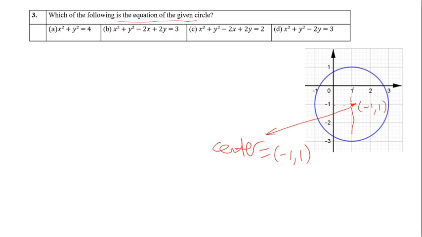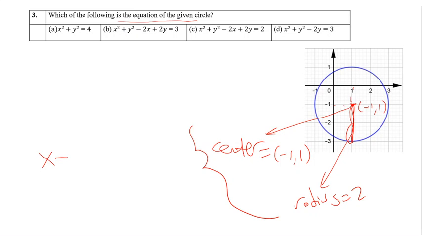And the radius here, you can see 1, 2, is 2 units. Then what's the standard equation? The standard equation is x minus 1 squared plus y minus 1 squared equal to r squared, so r is 2.